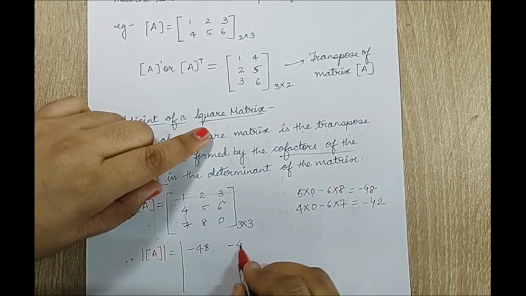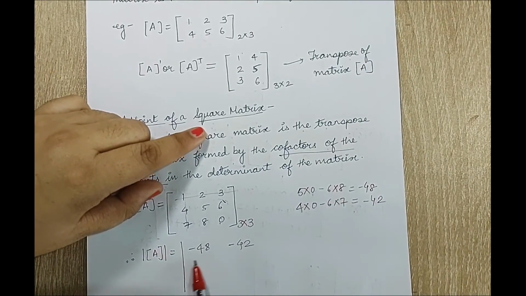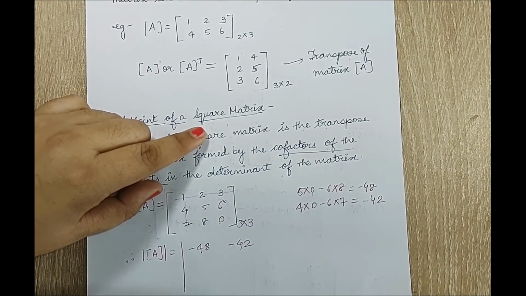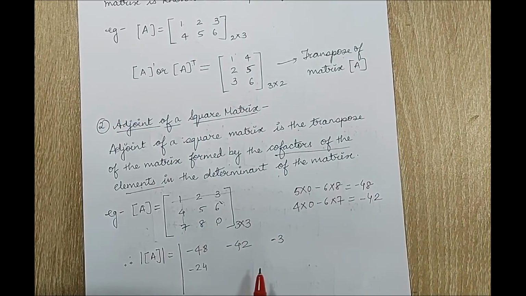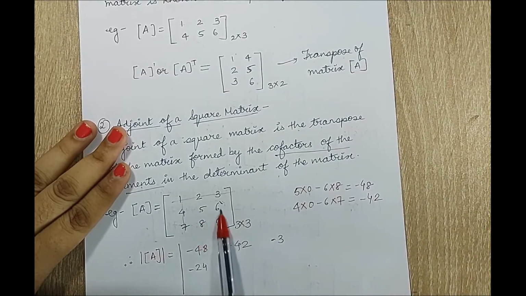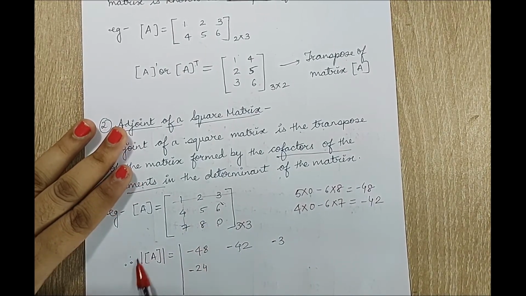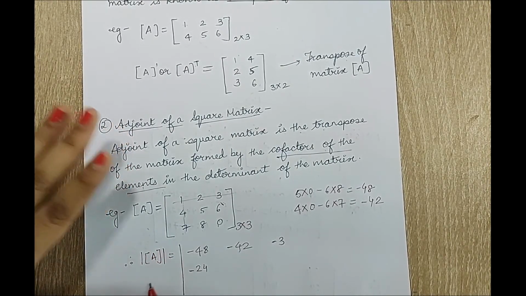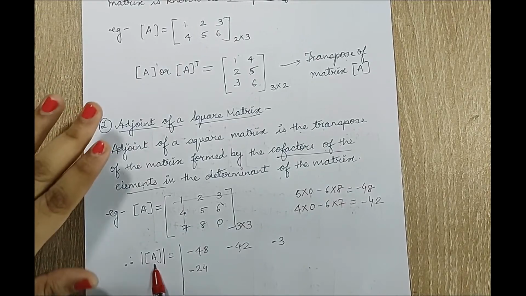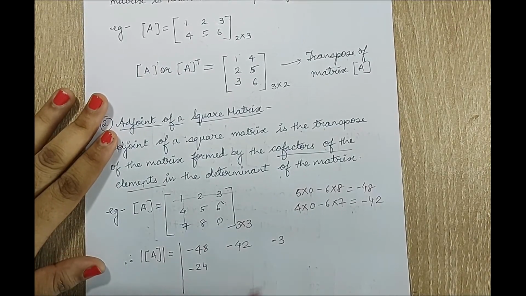So this is the cofactor for the second term. Likewise, you can calculate for all the other terms. Now here I would like to add one thing: since we are calculating the determinant of this matrix as you have seen over here, this is called the determinant of this matrix. Now this matrix which I am forming over here is called the cofactor matrix.